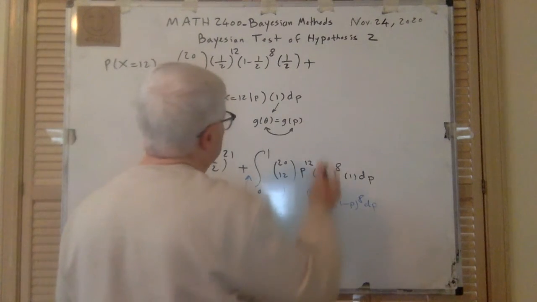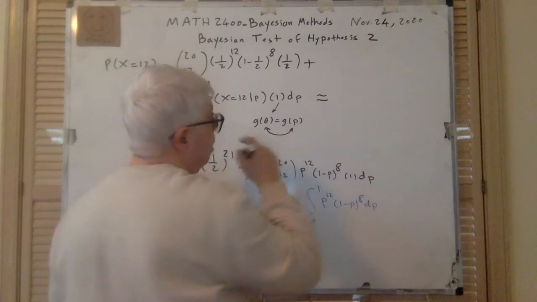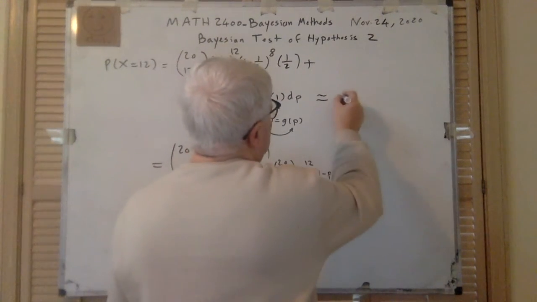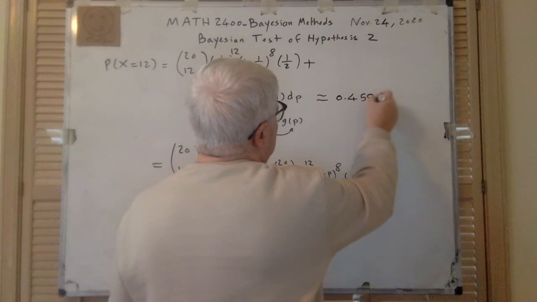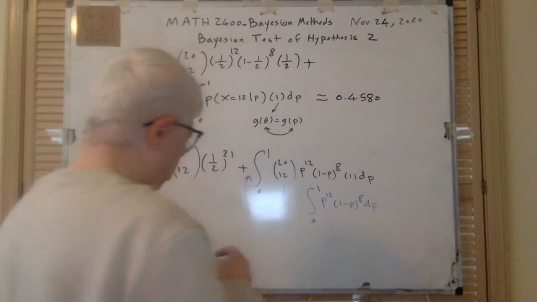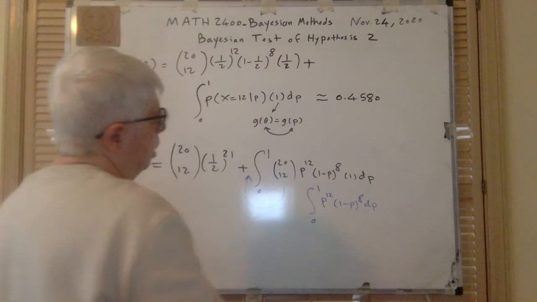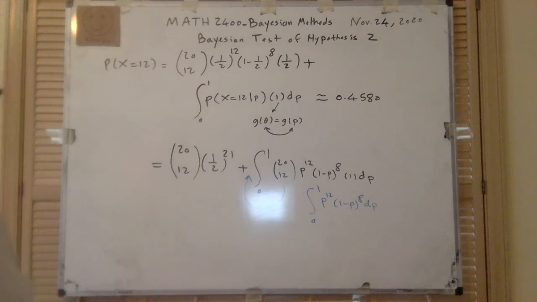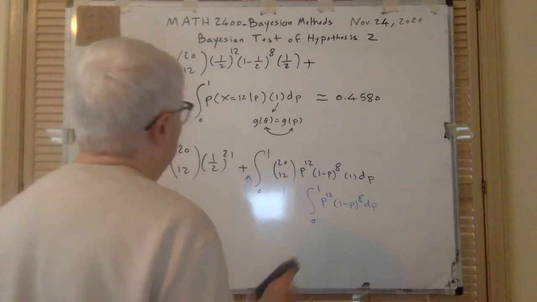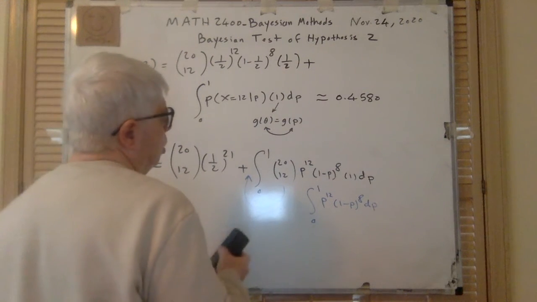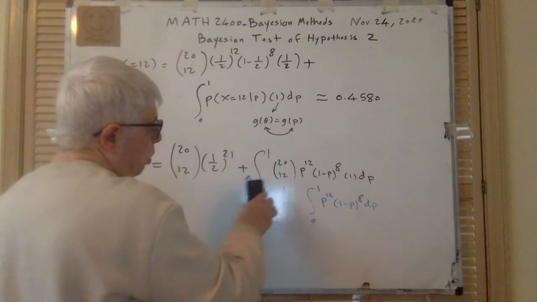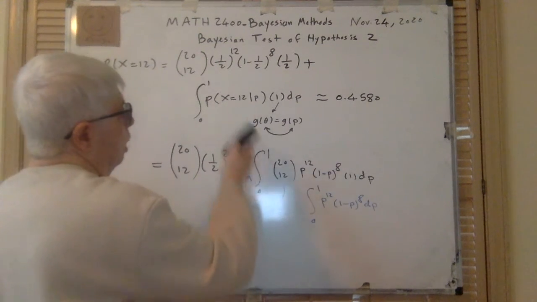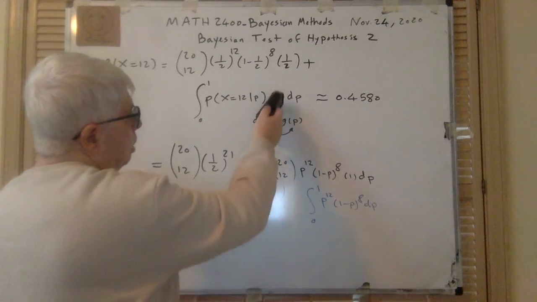If you use the calculator, you will see that I found it to be 0.4580. Although it's a beta function, gamma something times gamma something, and not that hard to find, it's really some factorials multiplied and divided. But that's not the point here. I just want you to see how the law of total probability works here. This is an integral when we have discrete and continuous. And g theta is this.